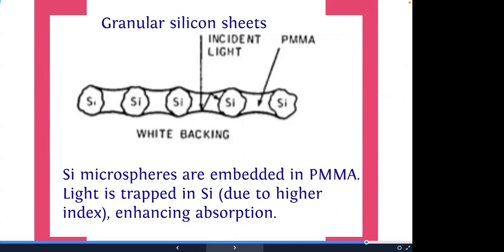So it's a way to make a very, very cheap absorbing film. And of course, in this case, it was just an experiment. So here again, silicon microspheres are embedded in the PMMA. Light is trapped in the silicon due to the higher index and texturing. And it enhances the absorption.